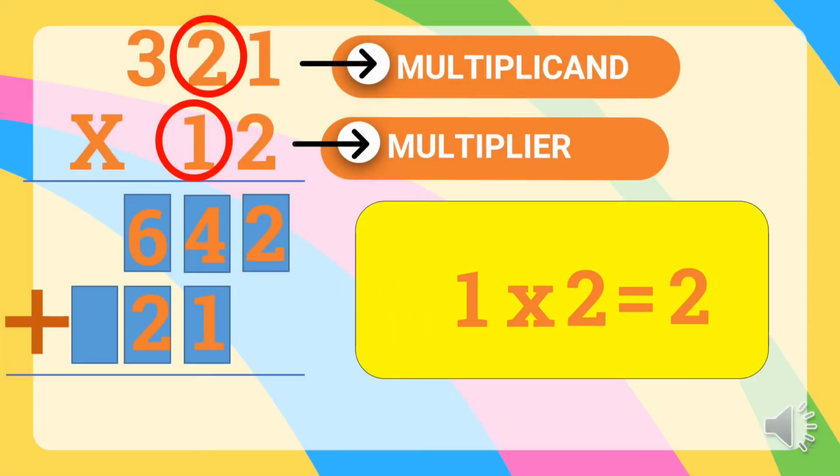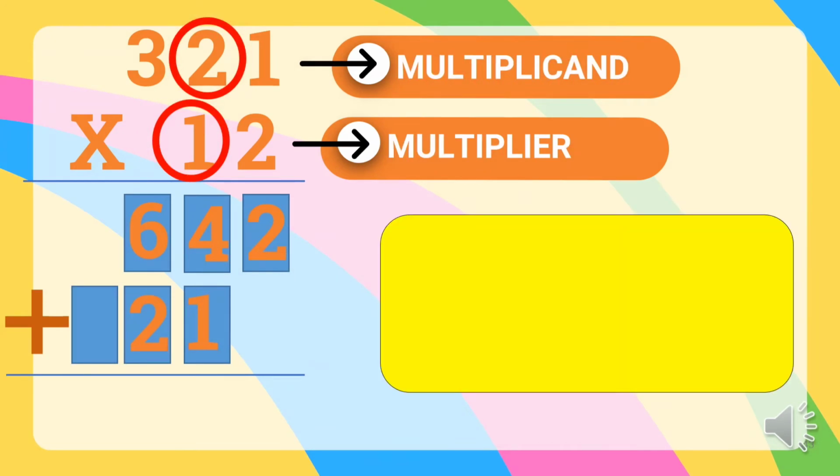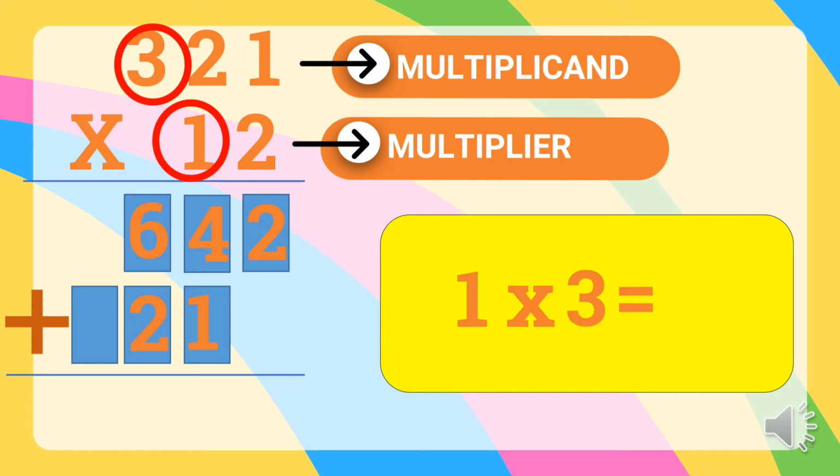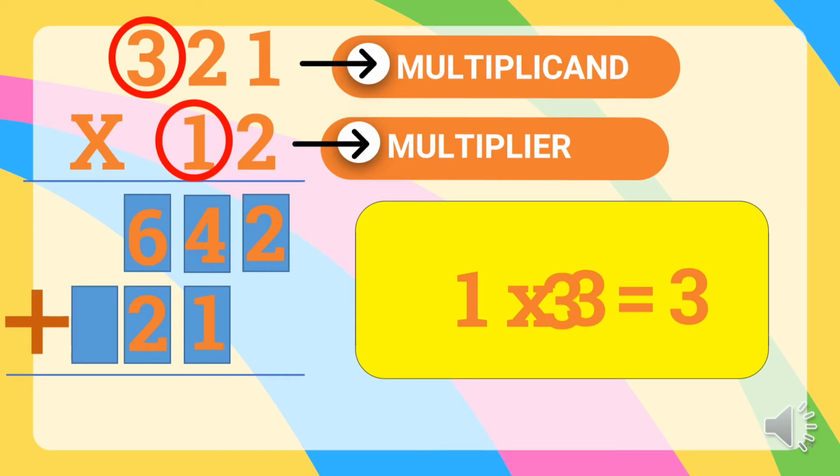So next is 1 times 3 is equal to 3. Therefore, our second partial product is 321.